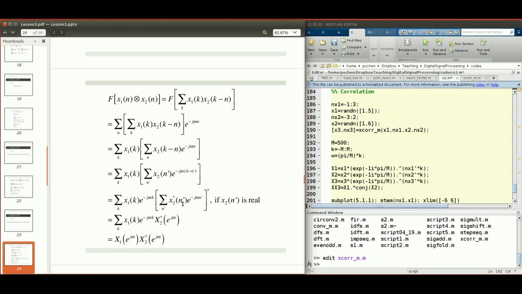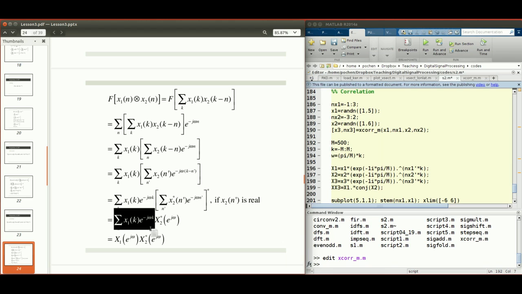So you can get rid of this particular star if x2 is real. And then the stuff inside the square bracket becomes the Fourier transform of x2, big X2. You cannot forget about this star, this conjugation. You have to move that conjugation onto this big X2.